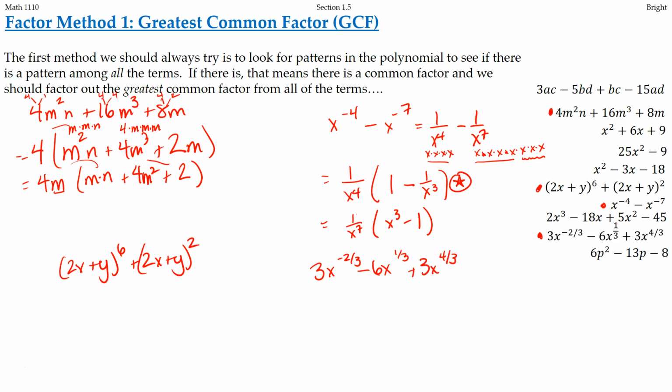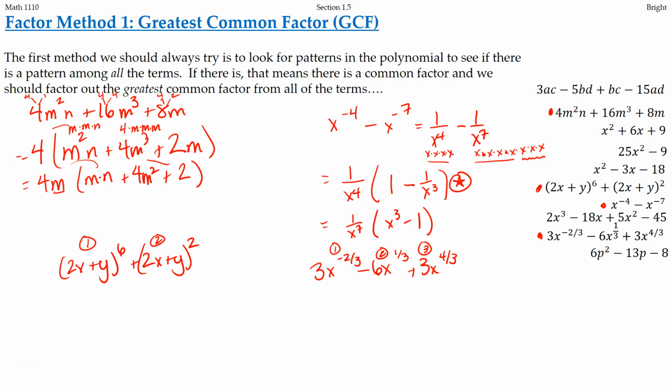Okay, so I want you to pause the video, see if you can get these factored to some degree, and the main question I want you to ask is, as you look at the different terms, and again, here you have 1 term, here you have 2 terms, here you have 1, 2, and 3 terms. What is common among the terms? And when you find whatever's common, take it out. Pause the video and try them out.